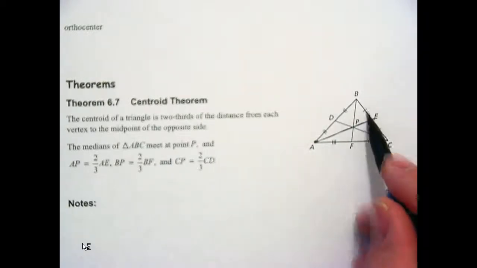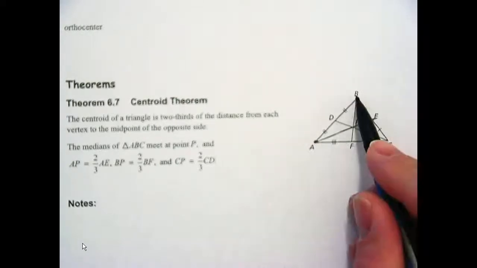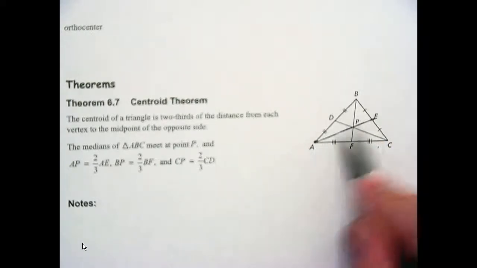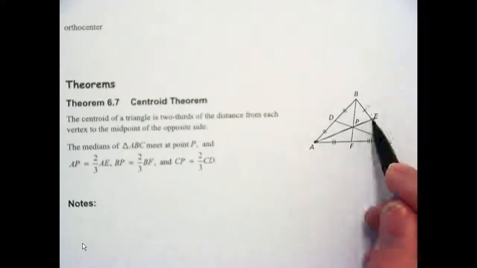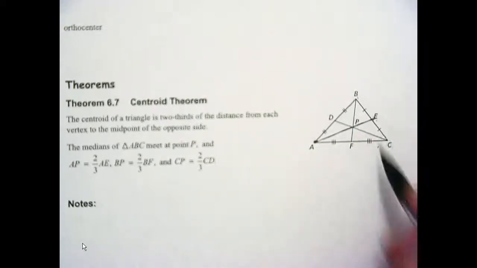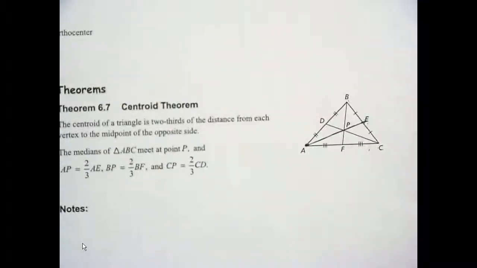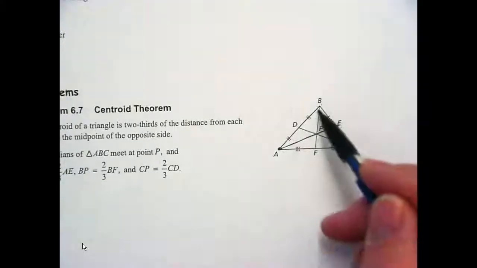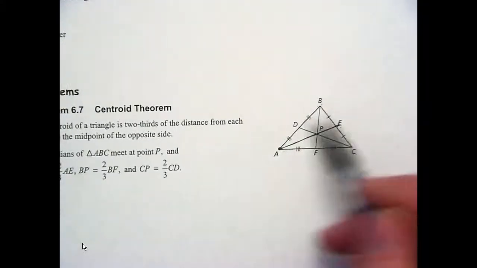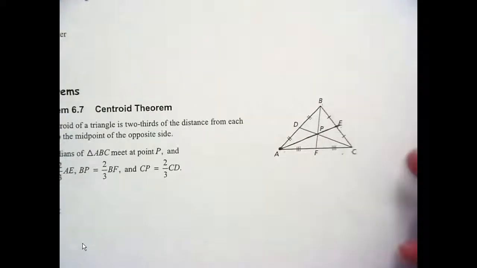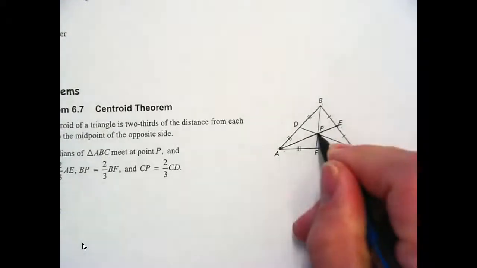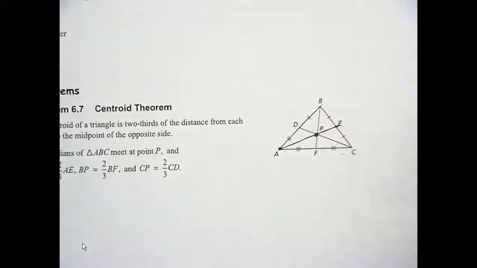That gives you the median. It cuts this side in half. So the median from angle BAC is AE, and it cuts BE and CE into two congruent parts. It bisects it. Same thing happens from angle B and angle C. And so you have these medians that intersect at what we call the centroid.